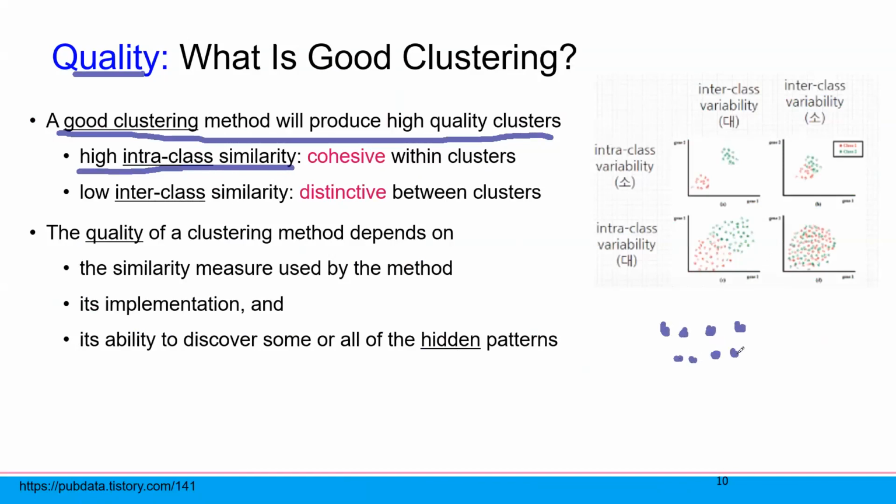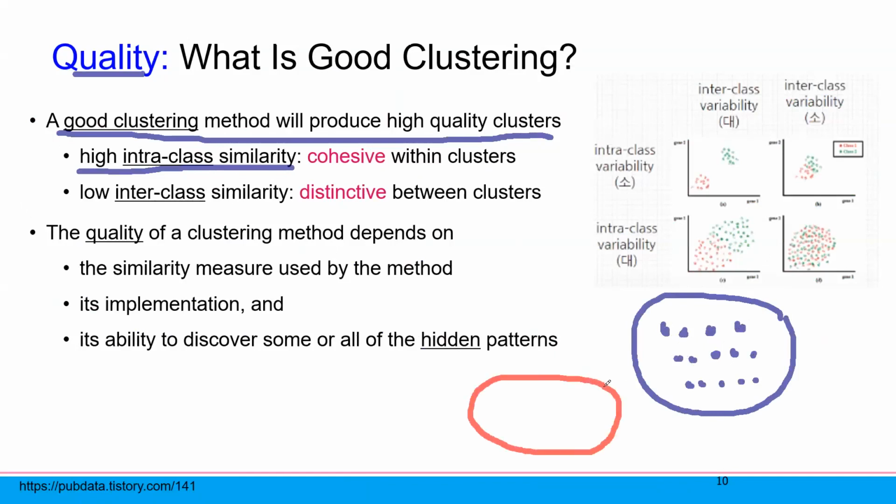the object in the same cluster should be high. Intra-class, it should be high. And we call interclass. This is the class 1.